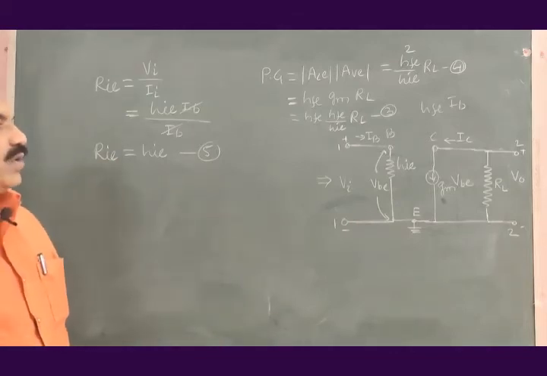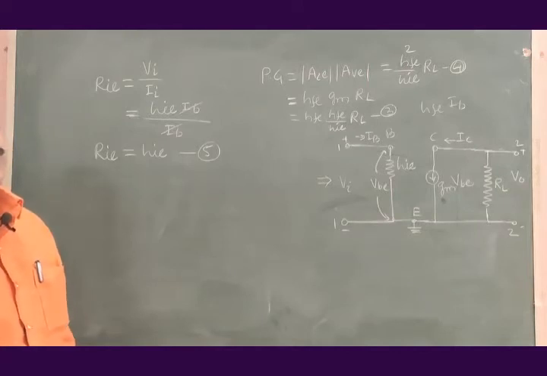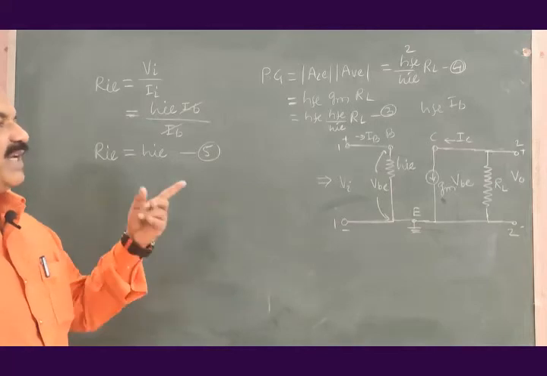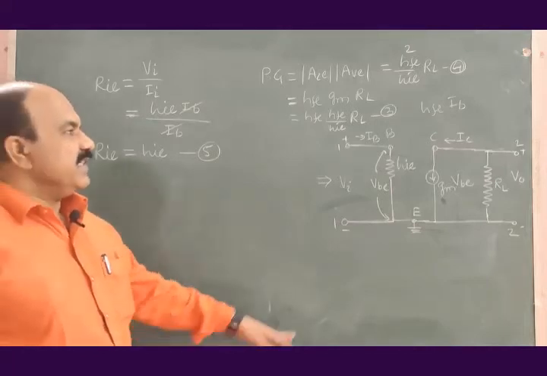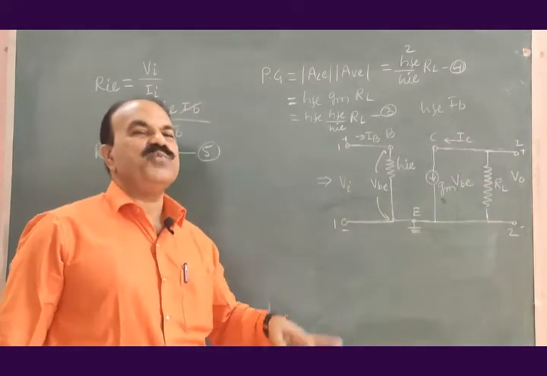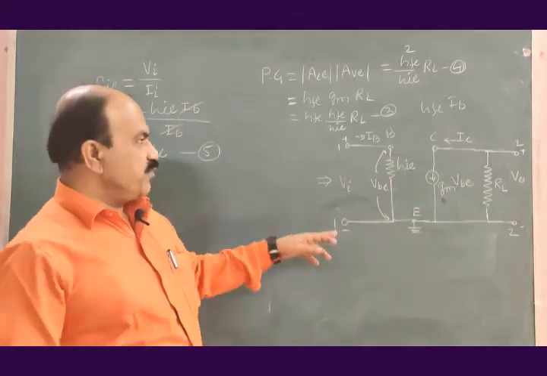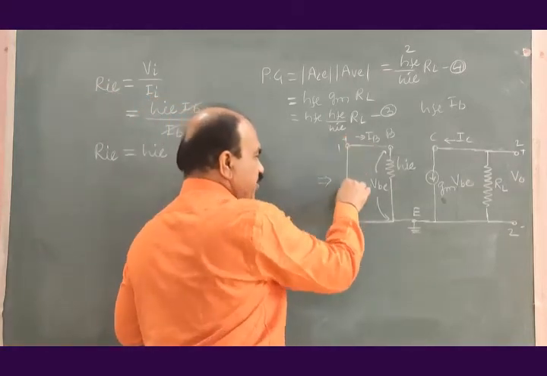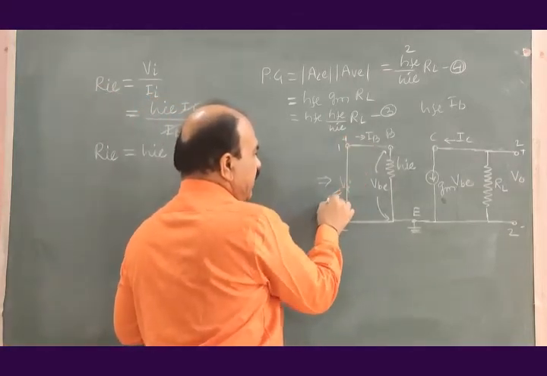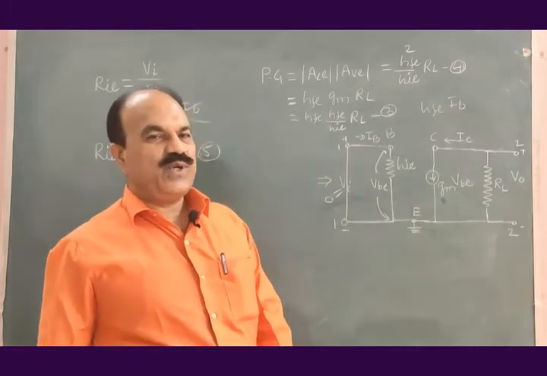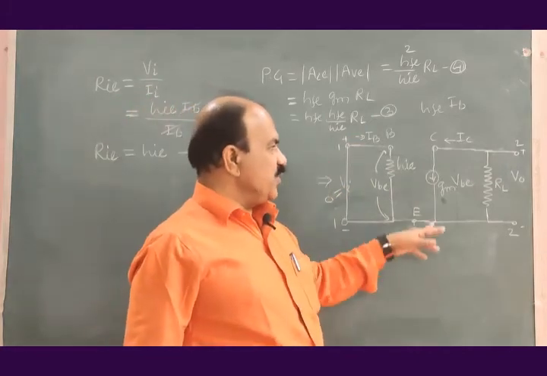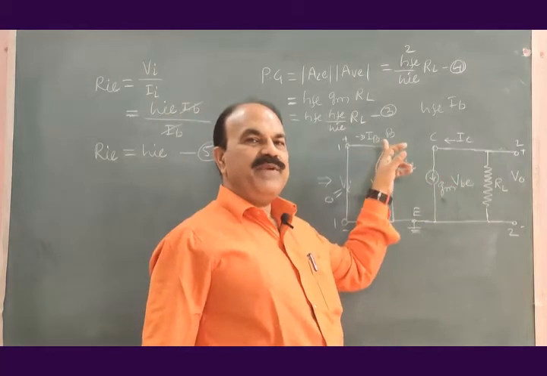Now, to find the output impedance or resistance of the common emitter amplifier, the input voltage source is to be shorted. As the input voltage source is shorted, VI will become equal to 0. As VI becomes 0, IB will be 0.